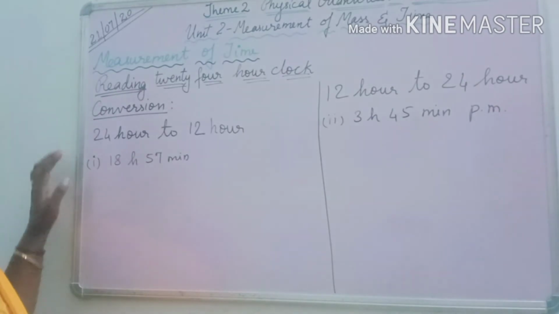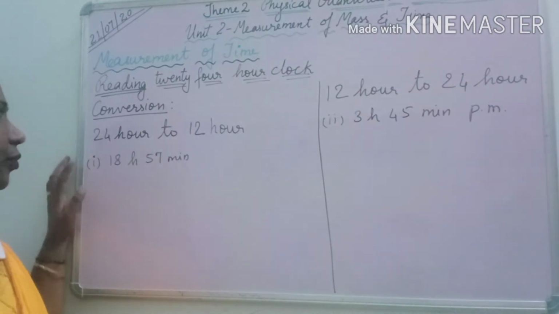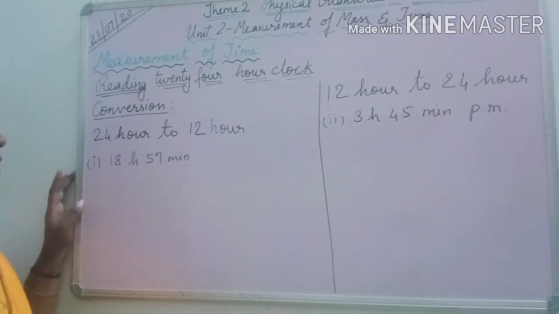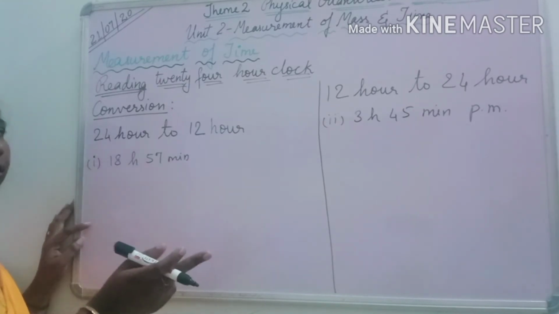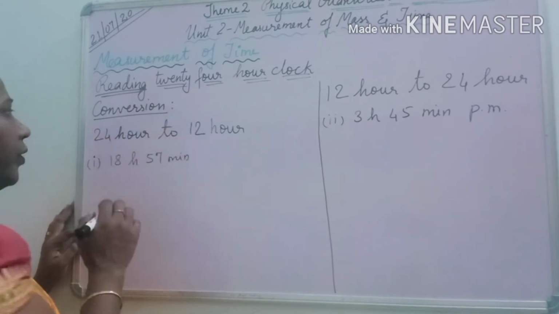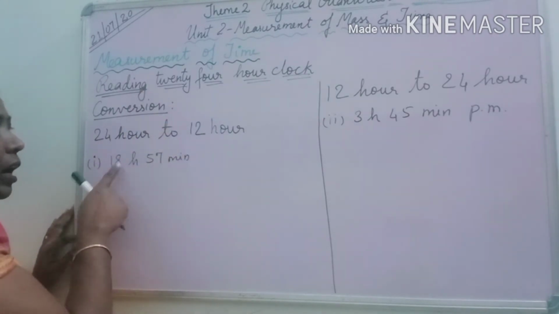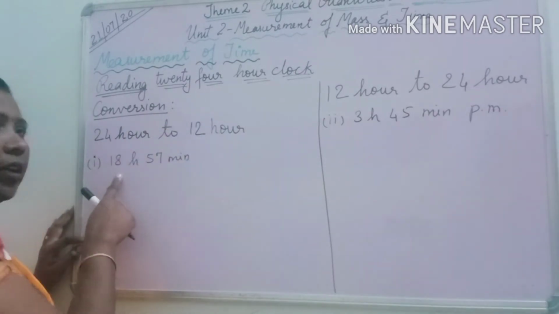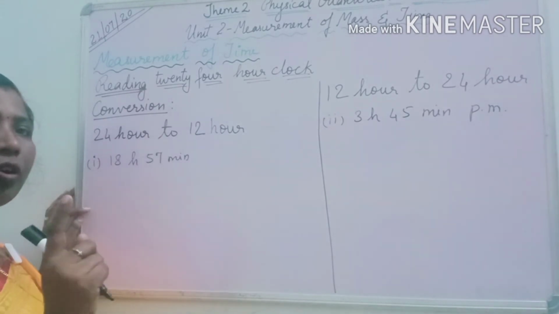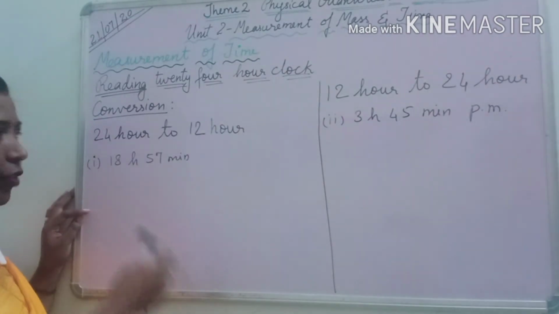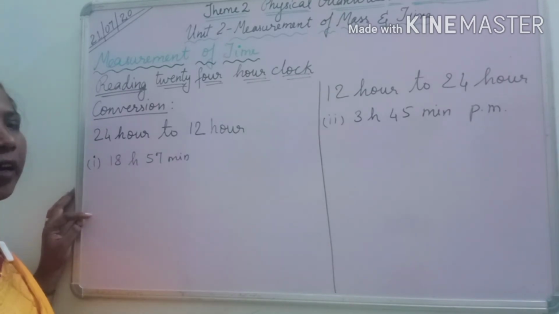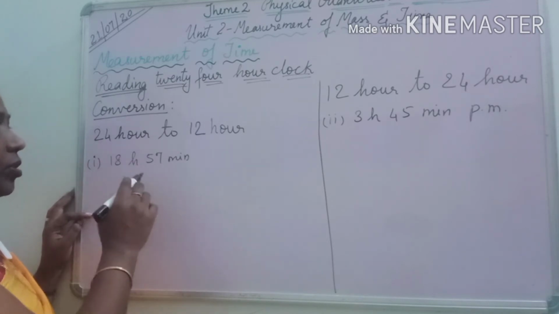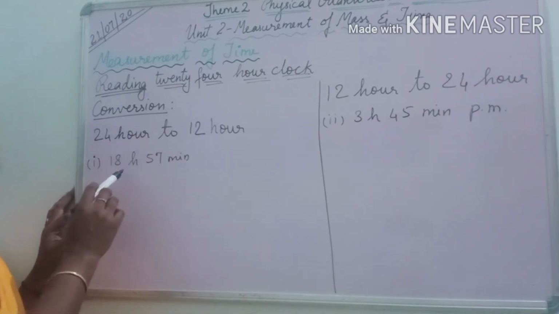Now we discuss the conversion, 24 hour to 12 hour. Seeing this number 18 hour 57 minutes, we have to convert it into 12 hour. 18 hour comes after 12 o'clock on the 12-hour clock, so we can subtract 12.